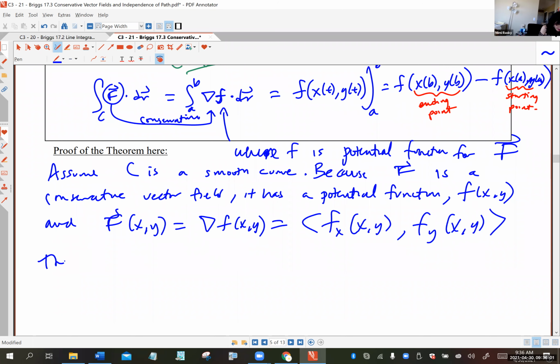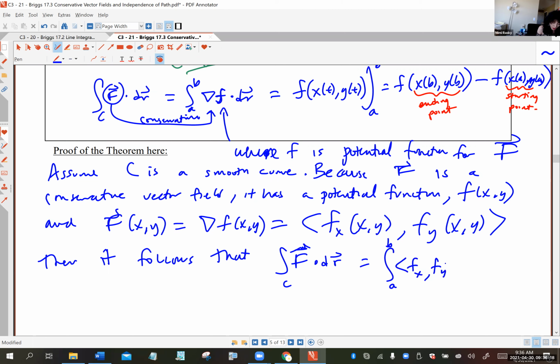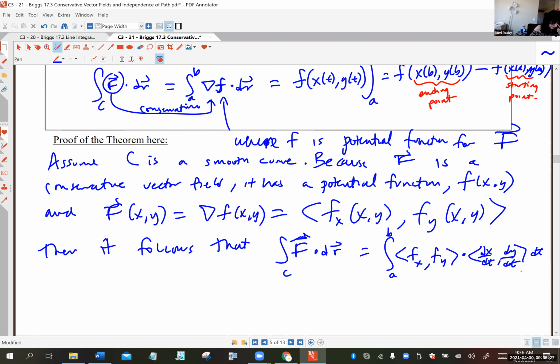Okay, so then it follows that this line integral, if you're trying to do one of these funky line integrals like F dot dr, is going to look like the integral going from a to b. You've got your partials in there, and you're going to dot product that with the vector valued function's derivative, also known as the velocity vector.